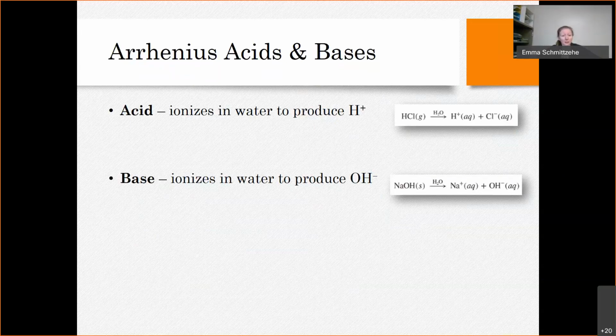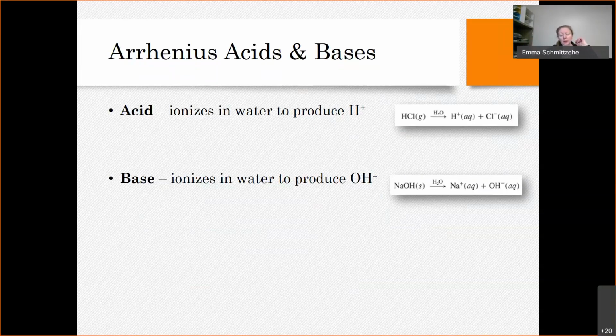When we say something ionizes, that means you started with this substance, whatever it is, and it splits apart into ions. It's going to give up at least an H+, maybe multiple, and what's remaining is some anion, okay? An example, as I have given there, is HCl. HCl by itself is a substance that's going to be in the gas phase.